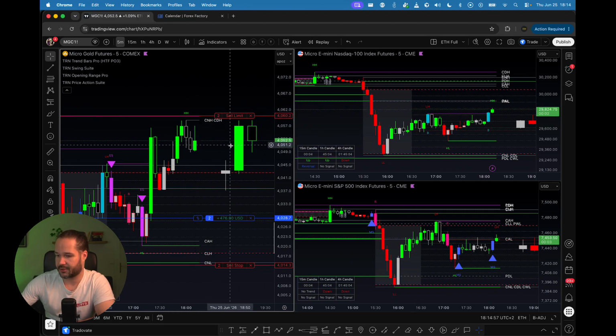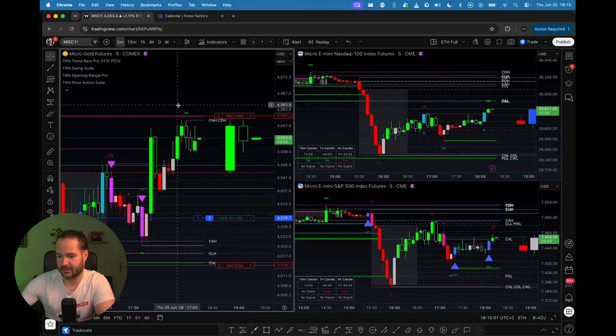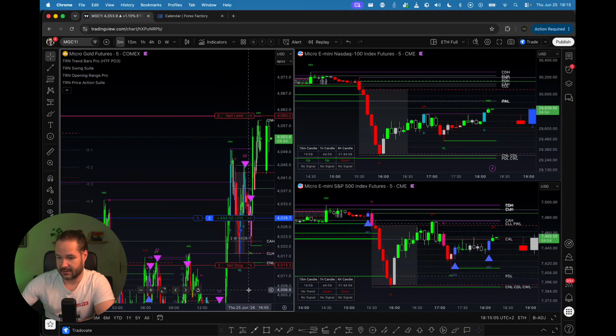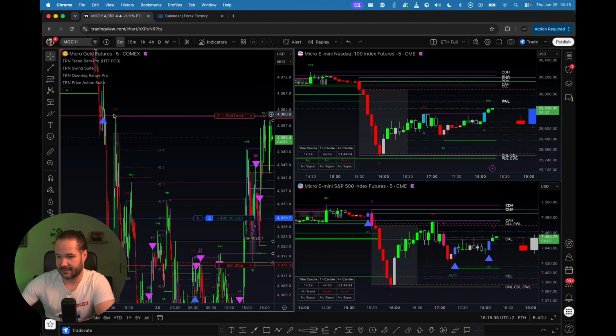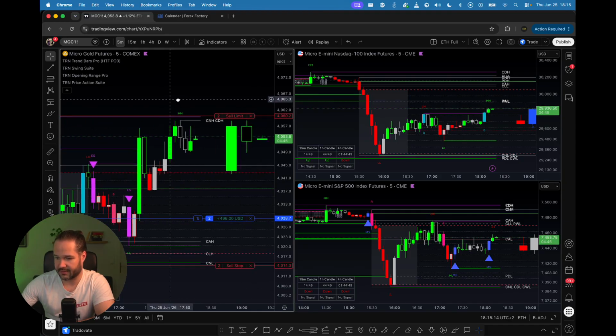Because we already were so close to this target, where the liquidity sits, at this previous high, this is the area of liquidity. So it's just a matter of time.